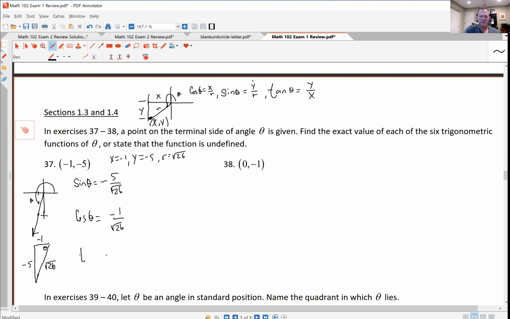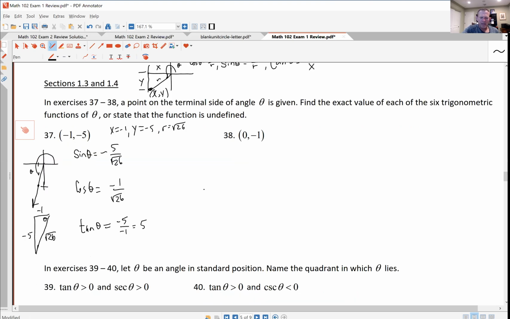And the tangent of theta is y over x, or -5 over -1. And you see the signs go away, and it's positive. We rationalize the denominator on these guys, and we get -√26 over 26, and we get -5√26 over 26.